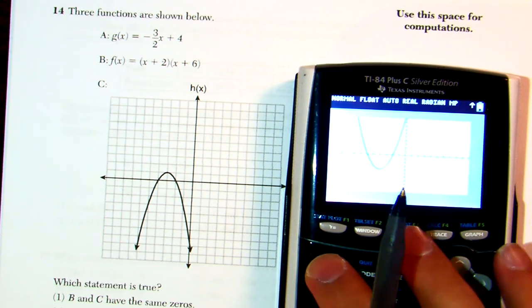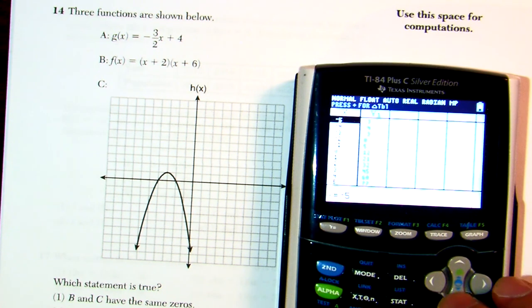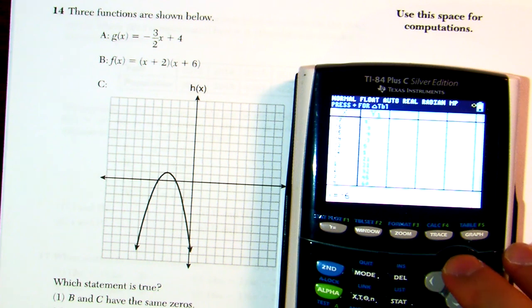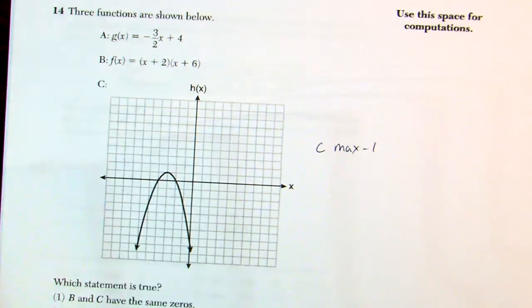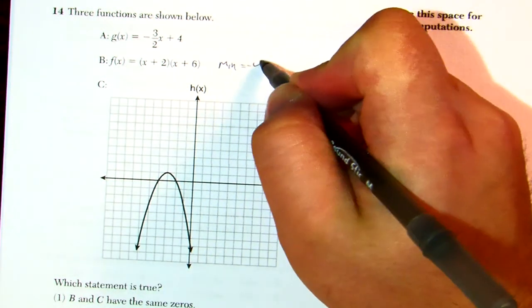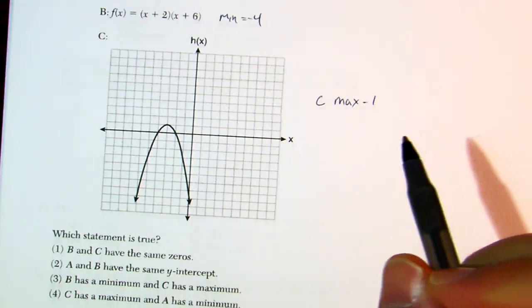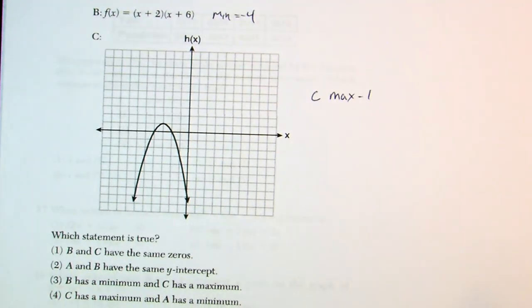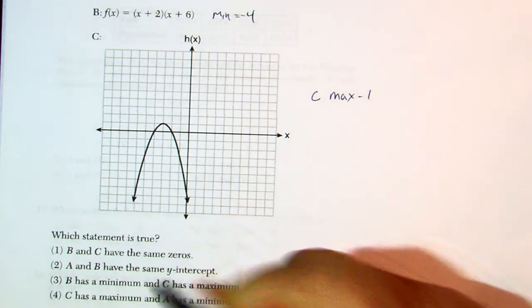See if it'll let me here. I'm still thinking. That's going to have a min at negative 4. Okay, so if I look at my choices, I see that choice A, B has a minimum and C has a maximum, and that is true.